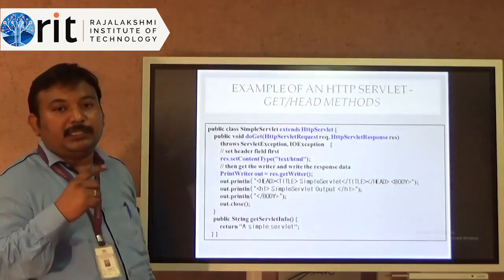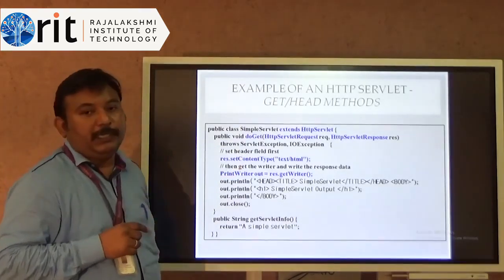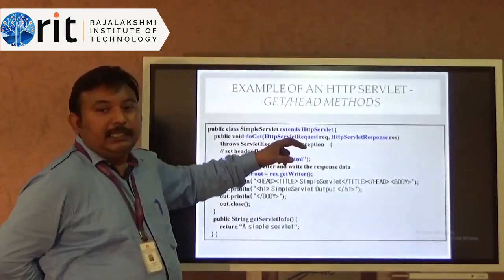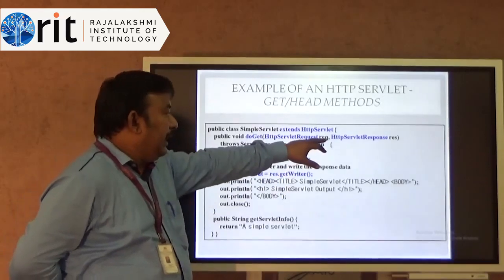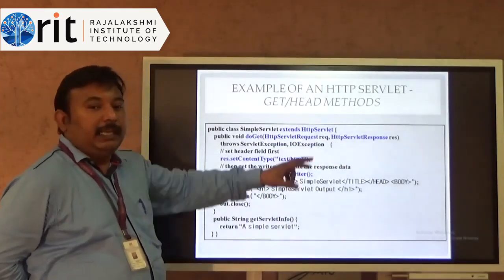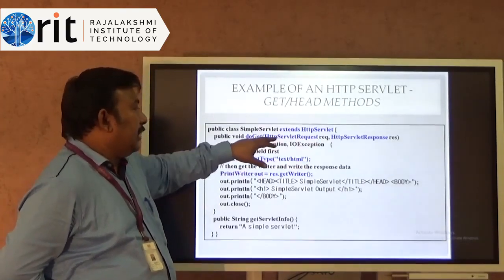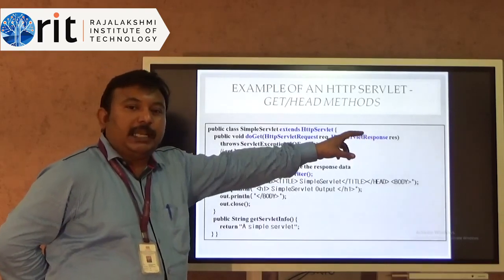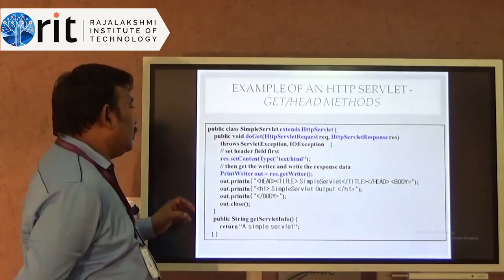If the client's request is a post, then you have to put doPost here. The doPost method contains the request and response objects. So when you are creating the request and response objects, the corresponding class should be given. The request object's class is going to be HttpServletRequest, and the response object's class is going to be of type HttpServletResponse.